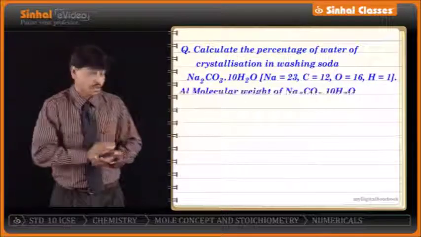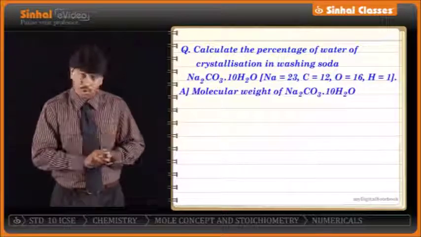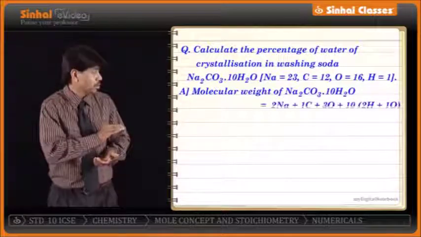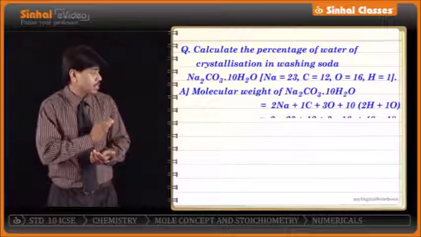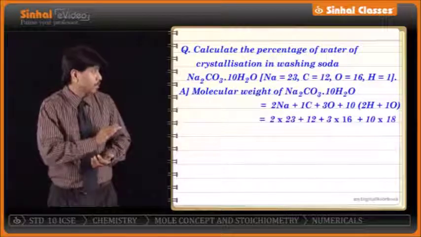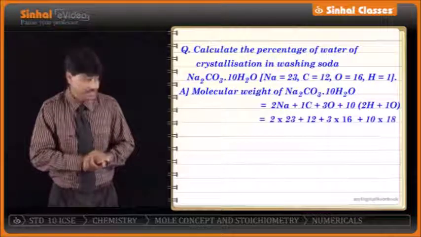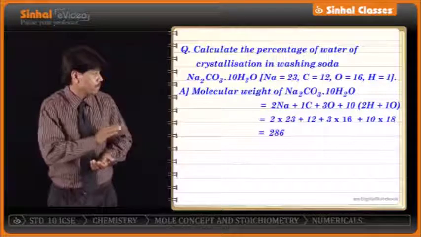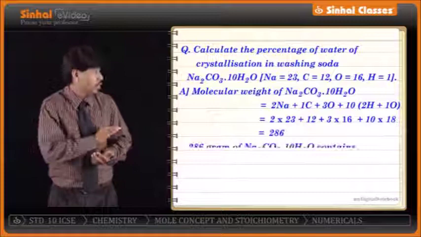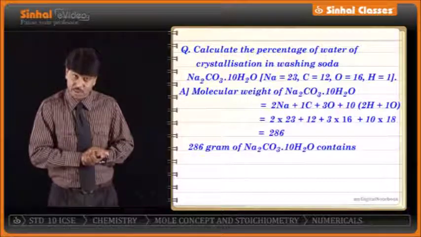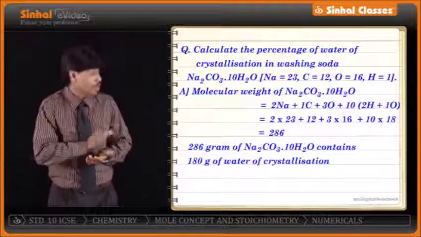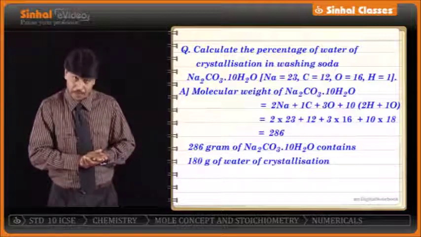So for Na2CO3.10H2O, the weights will be 23 into 2 plus 12 plus 16 into 3 plus 10 into 18, which will give you 286. Now 286 grams of Na2CO3.10H2O will contain 180 grams of water of crystallization.